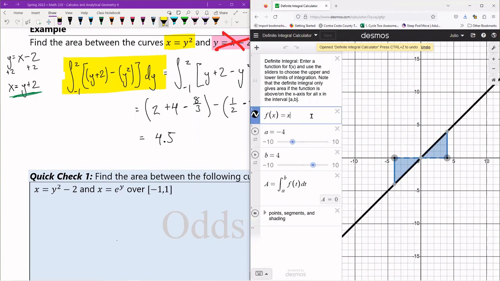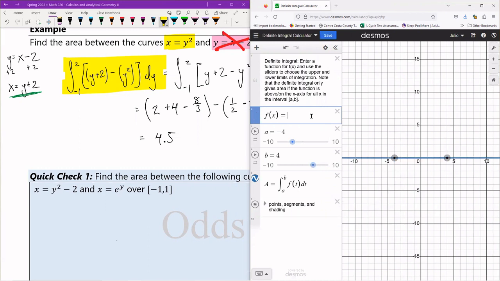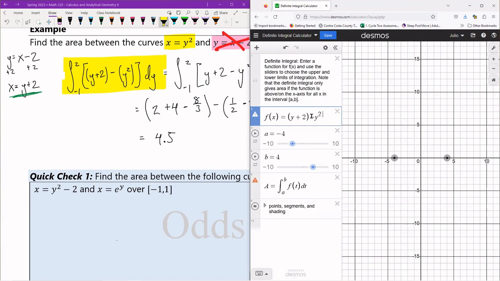I get to give this thing my integrand, right? And it'll give me the computation for it. So in this case, see how I have it down as y's? That's okay. I'm going to go ahead and switch it to x's just so I can see what my computation is supposed to be. So I'm going to go ahead and do y plus 2 minus y squared.